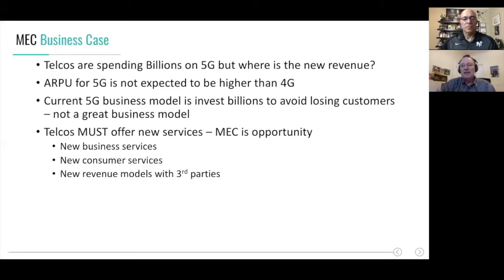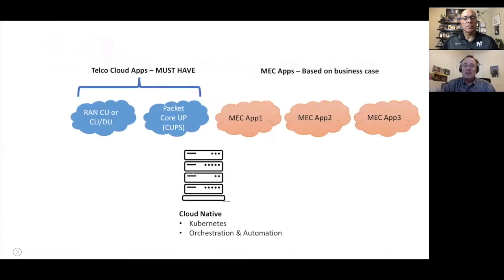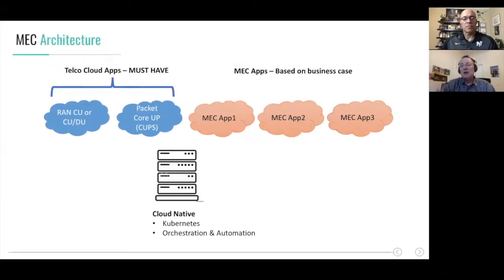As we move to the edge, I'm seeing a lot of the service providers go with a pure cloud native architecture, meaning that they're not running in VMs, they're running in containers, and they're using Kubernetes. And associated with that is orchestration. I think orchestration is a must-have because of the level of scale that you need to get to. You've got to be able to do that.